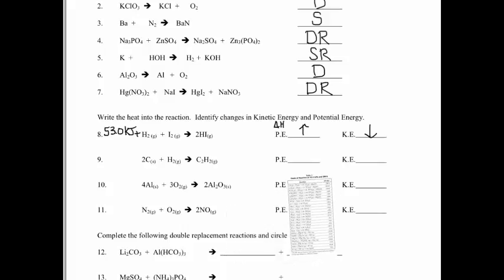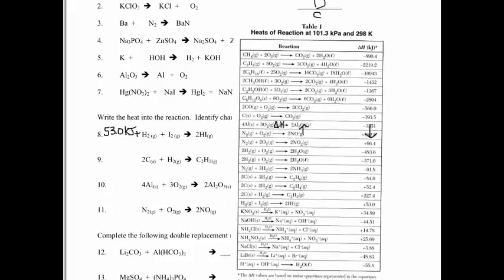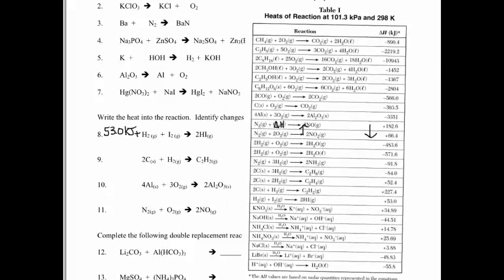All right, next one we have 2C and H2. And there's a couple like that, so we have to be careful. It's not this one because there's a 3 on the H. It's not this one because there's a 2 on the H, but here's one, C2H2. All of the phases of matter are the same, and it's positive 227.4.